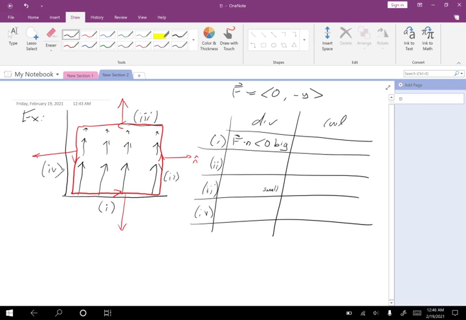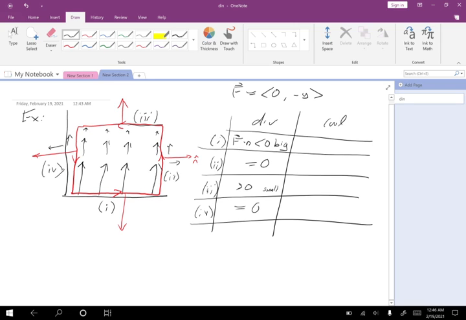And if we want the sign, notice they're both pointing up, so it's actually positive. So what about curves 2 and 4? Well, n is pointing right. The vector field is pointing up, so the dot product should be 0. And similarly with curve 4, where we have left and up.